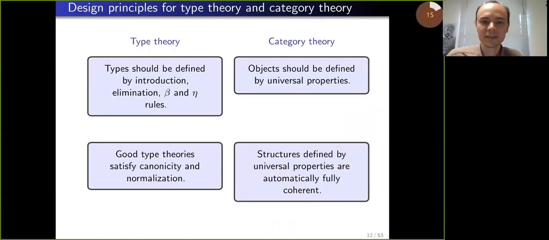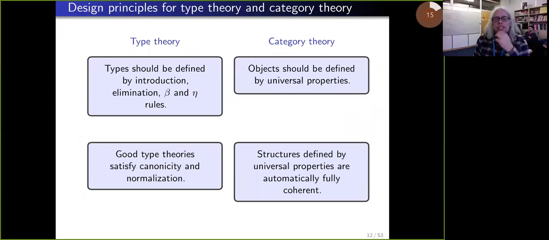It seems that there's a very strict view here where you have beta and eta rules. This hardly applies to all type formers, for example equality types. So isn't there a refinement necessary?